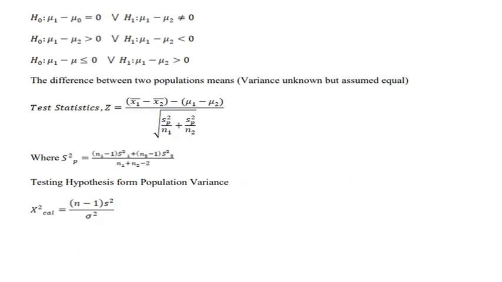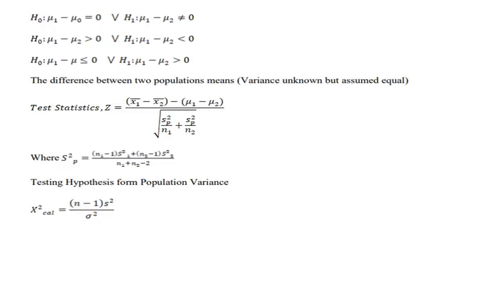We set our hypothesis. H0: mu 1 is equal to mu 2, because we are having two mu, so mu 1 minus mu 2 equals 0, versus H1: mu 1 minus mu 2 is not equal to 0. Then we use our test statistic, which is our z formula.